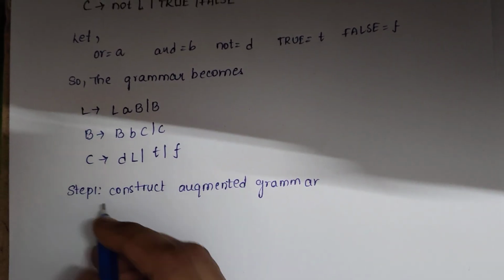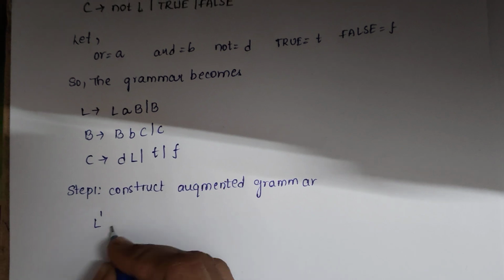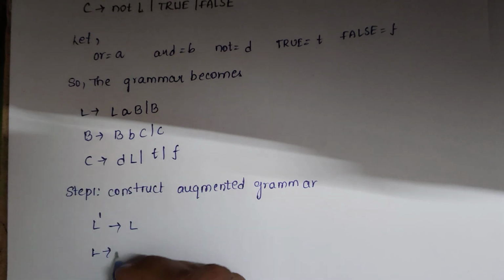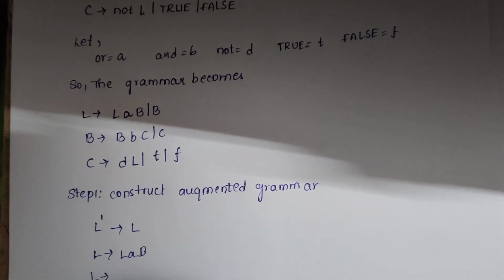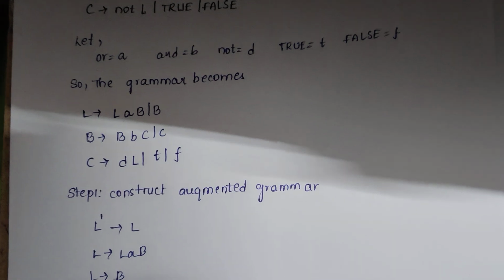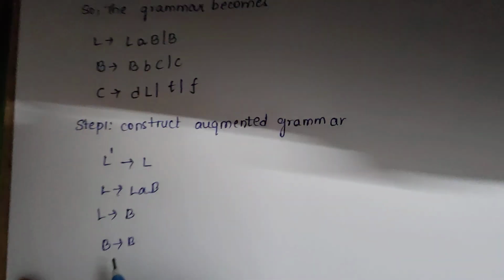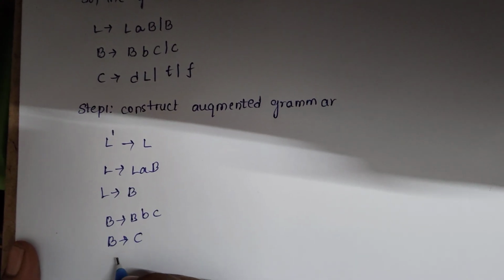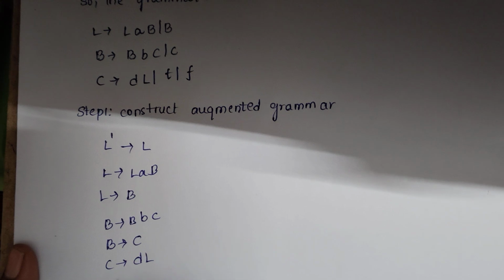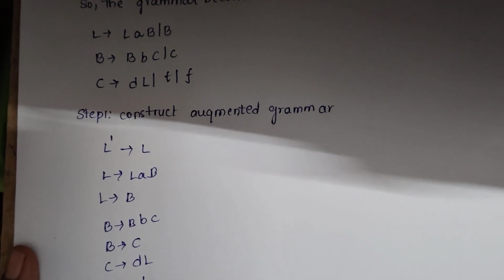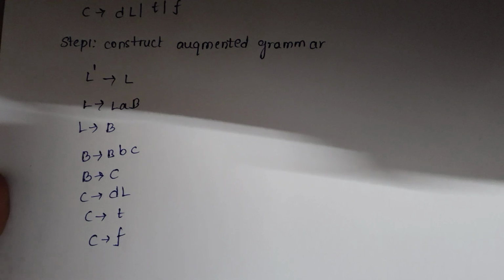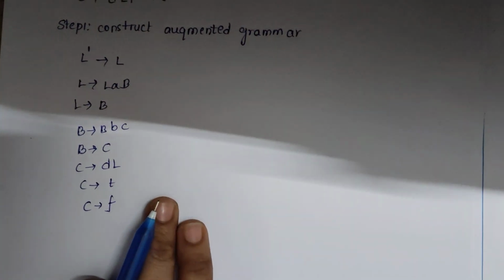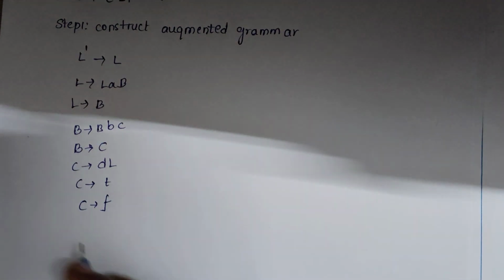For the starting symbol we write L dash produces the starting symbol L, and the remaining productions we write separately: L produces L A B, L produces B, B produces B C, B produces C, C produces D L, C produces T, C produces F. These are all the productions after constructing the augmented grammar.